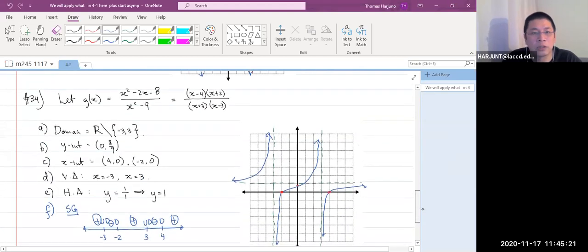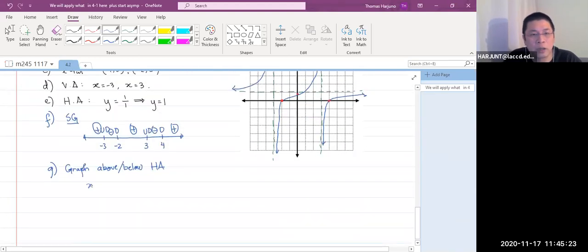The rational function is x squared minus 2x minus 8 over x squared minus 9, minus the horizontal asymptote y equals 1. Now, do the sine graph for this.